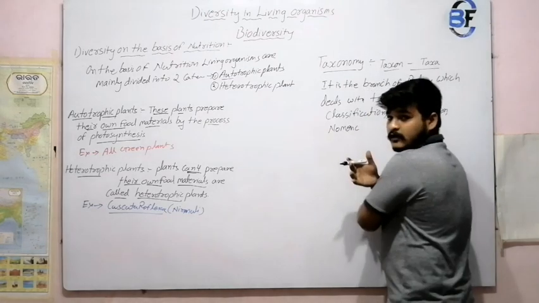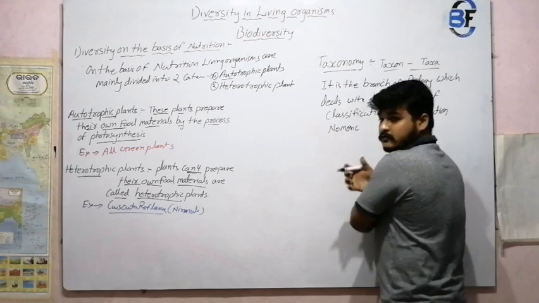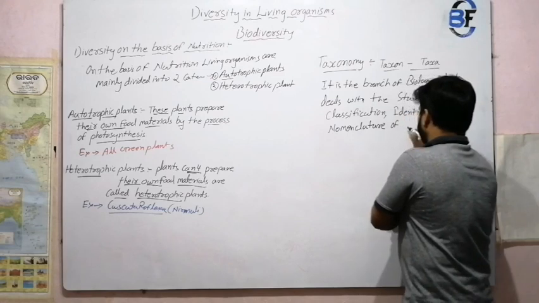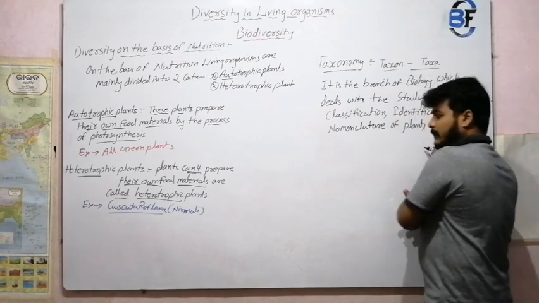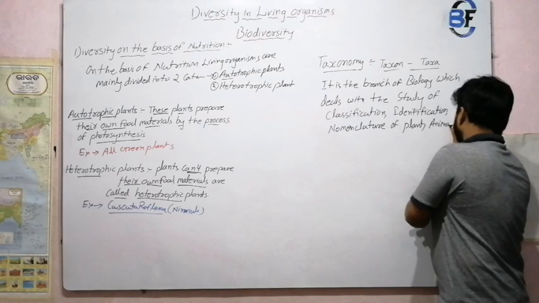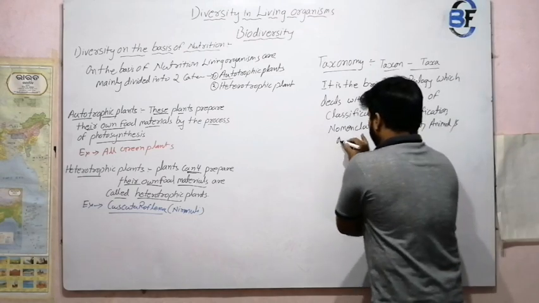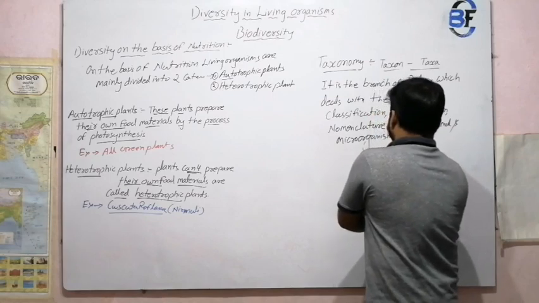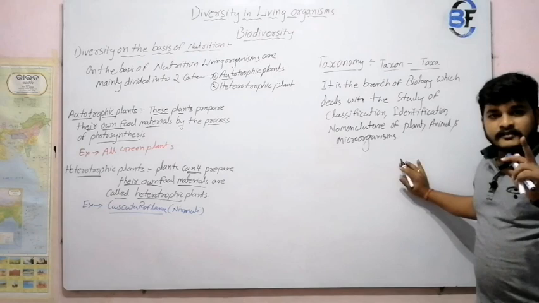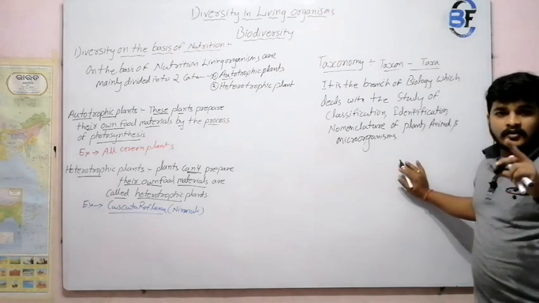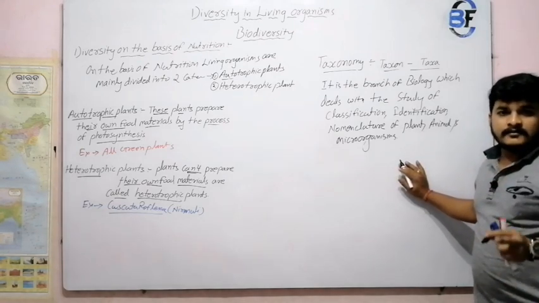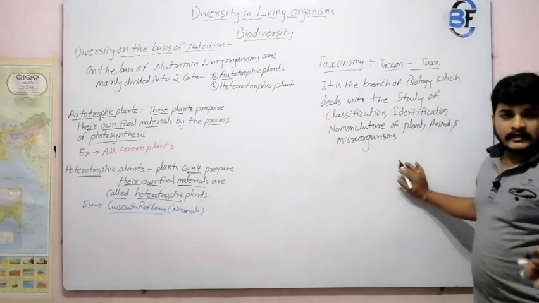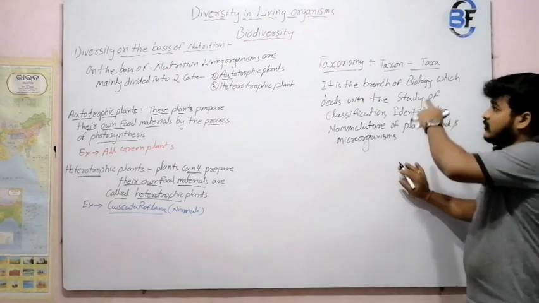A couple of classes later we are going to study nomenclature also, with some examples. So taxonomy is the branch which deals with the classification, nomenclature and identification of plants, animals and microorganisms.